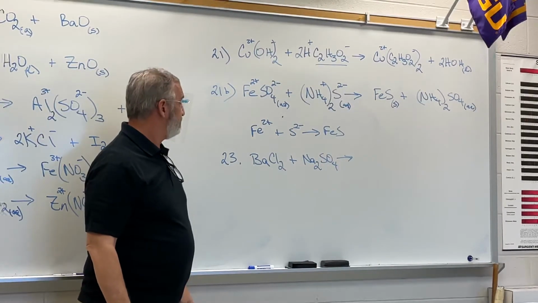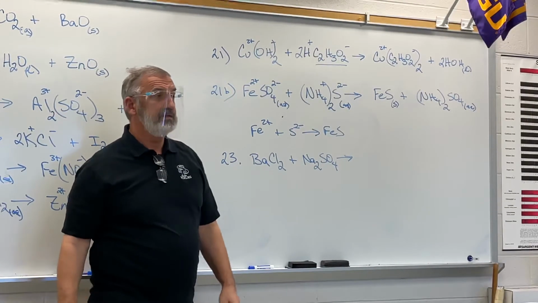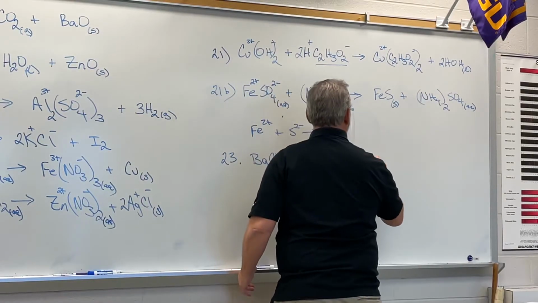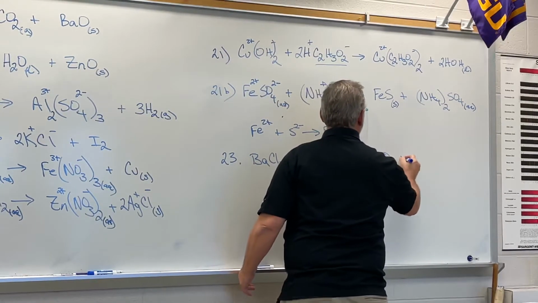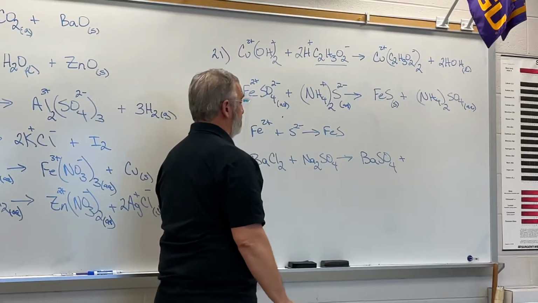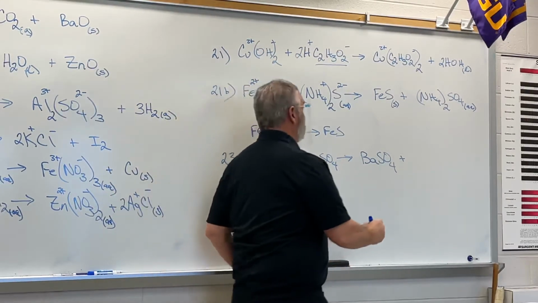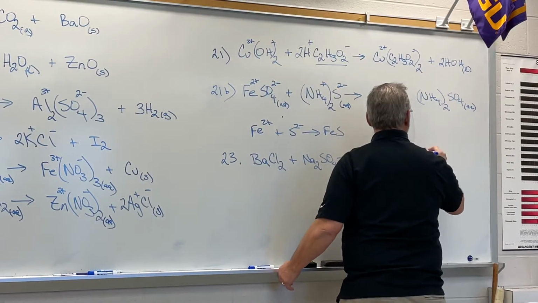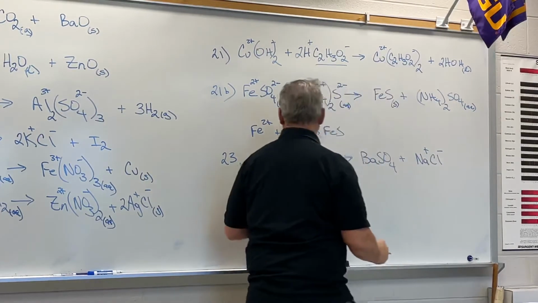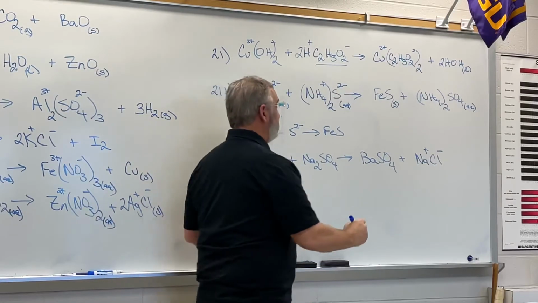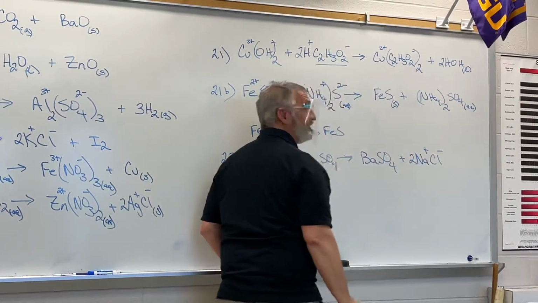So what am I going to make? Barium sulfate and sodium chloride. Na is plus and Cl is minus, so I don't carry the subscripts, but I do need to put a 2 on the front, balance atoms and coefficient.